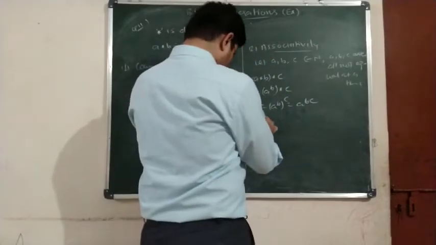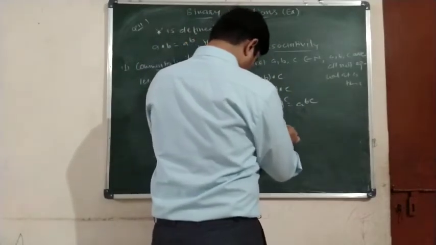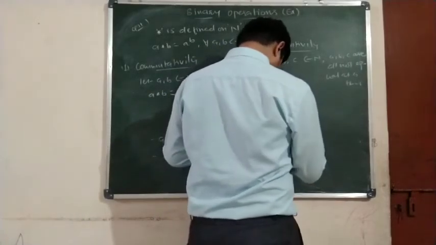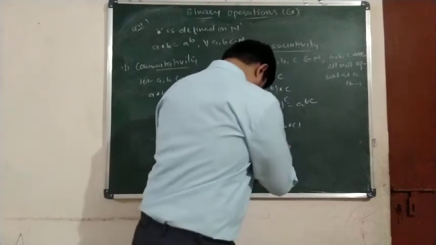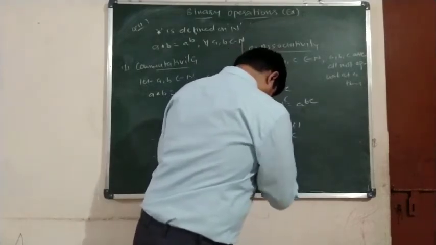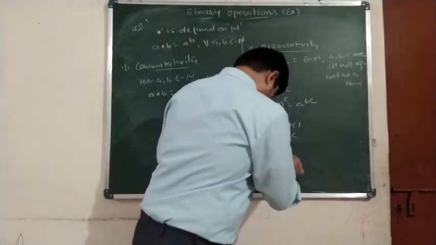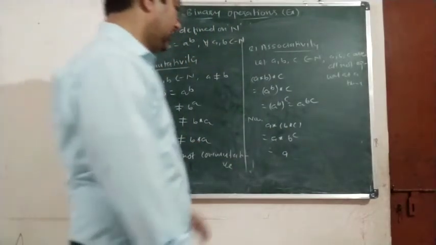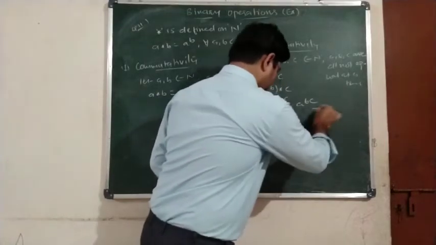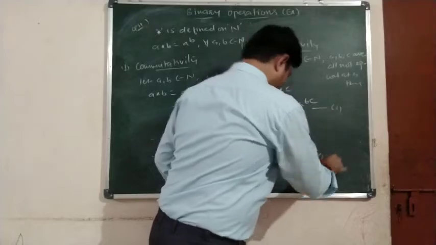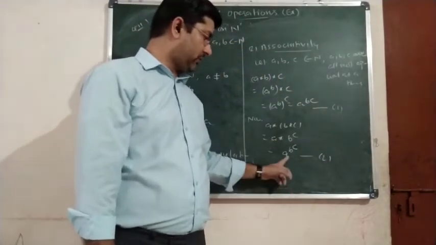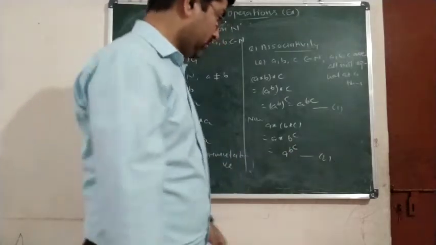Now a asterisk b asterisk c is equal to a asterisk b raised to c, which is again a raised to b raised to c. Therefore from 1 and 2, because in the first we got a raised to bc and in the second we got a raised to b raised to c, they are not equal.